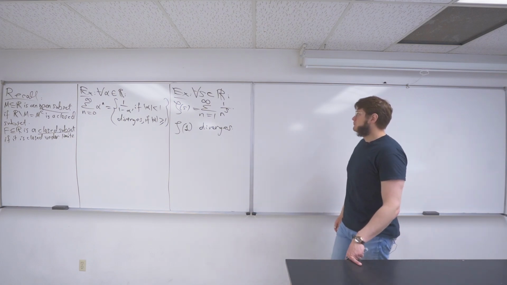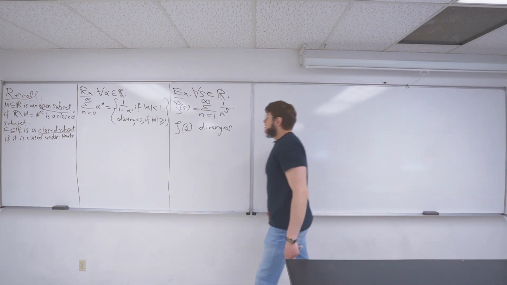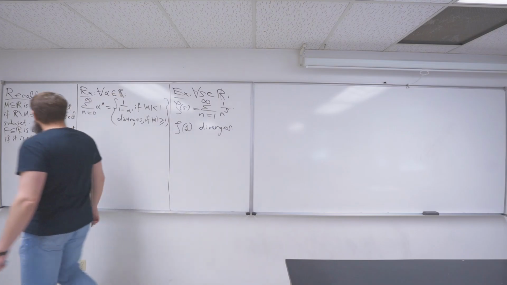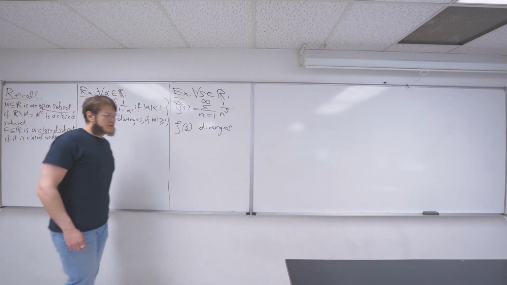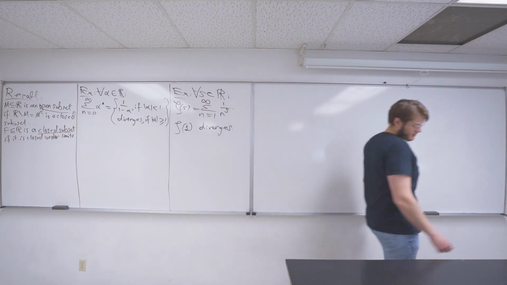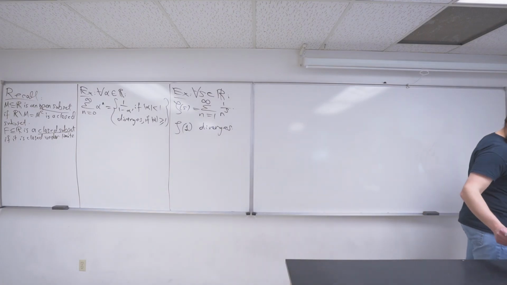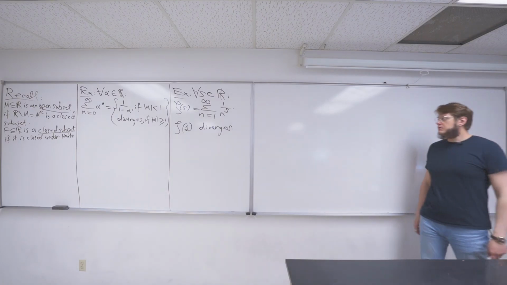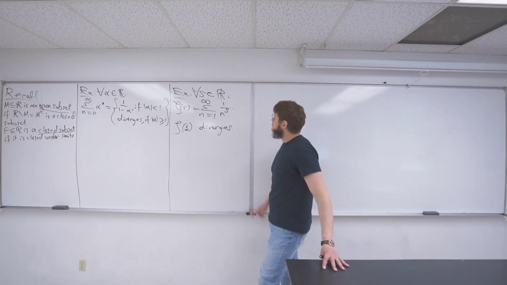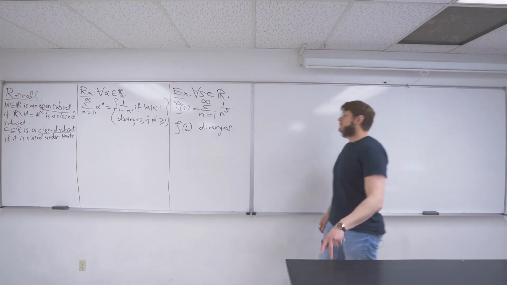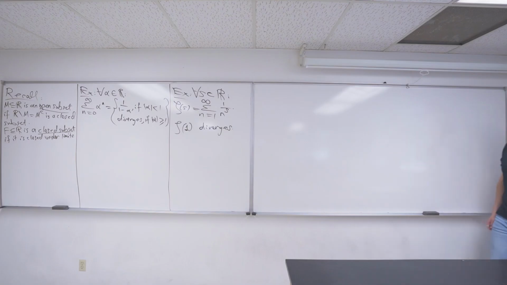And then I want to say a couple more words. I want to think a little bit more about this example, and then we'll be on our way. So I claim that if s is greater than 1, then in fact this infinite sum converges.